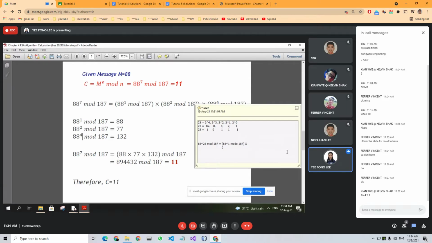So 88 power of 2 mod 187, multiply again. The third value we have is 4 and then 16. So 88 power 4, and the last one is 88 power 16.